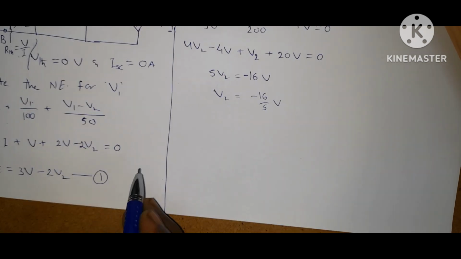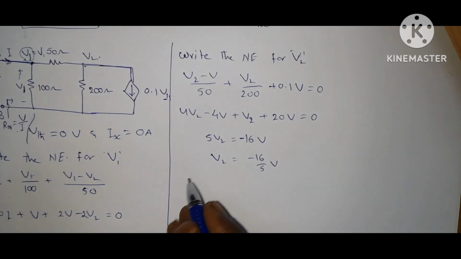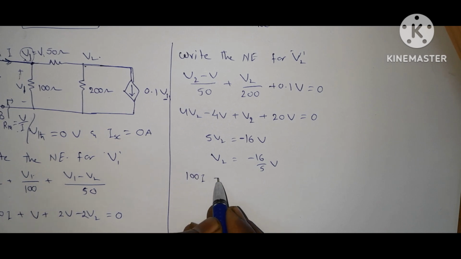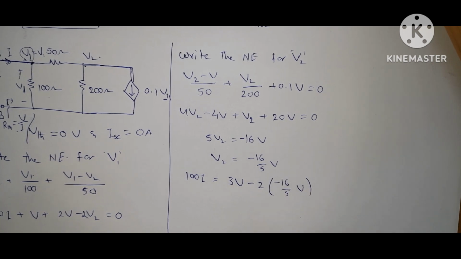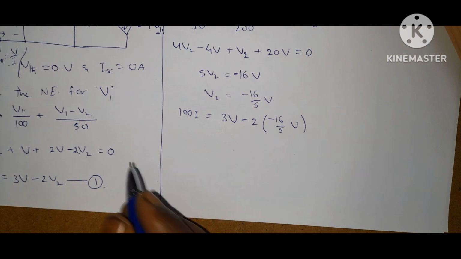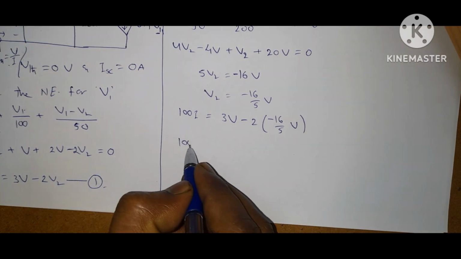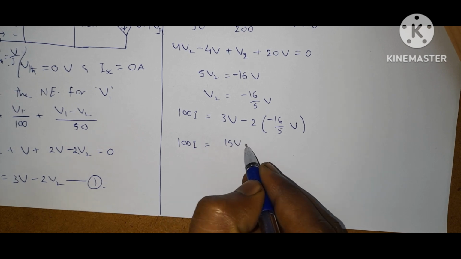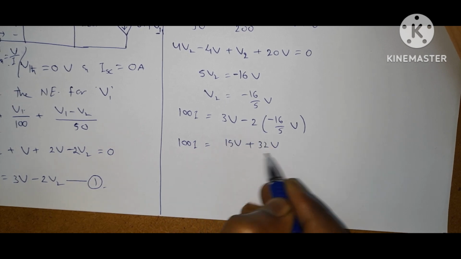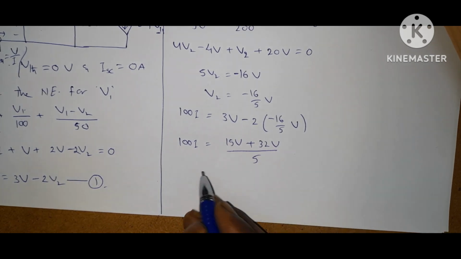From 1, 100I is equal to 3V minus 2 into minus 16 by 5 V. 100I is equal to 15V plus 32V by 5.